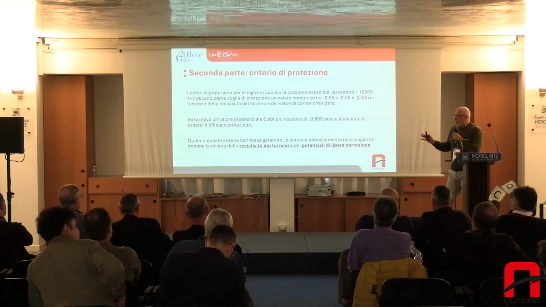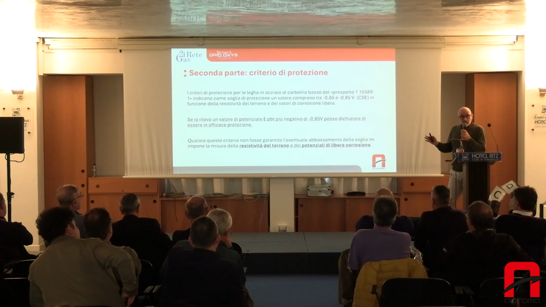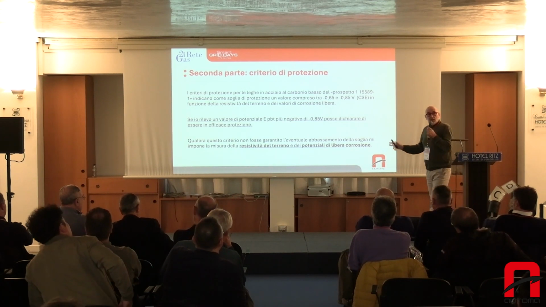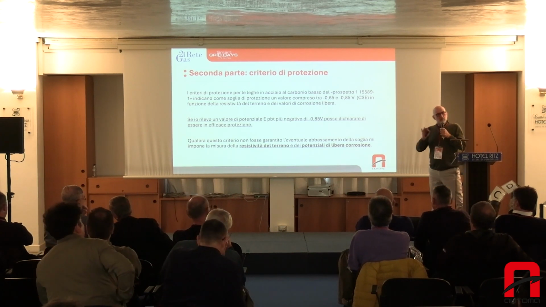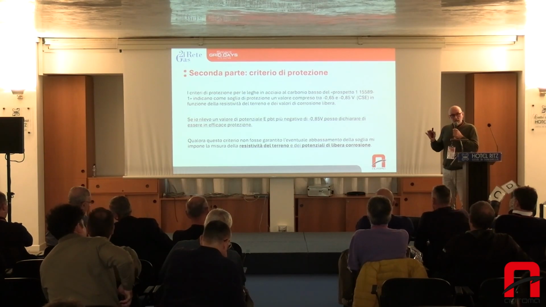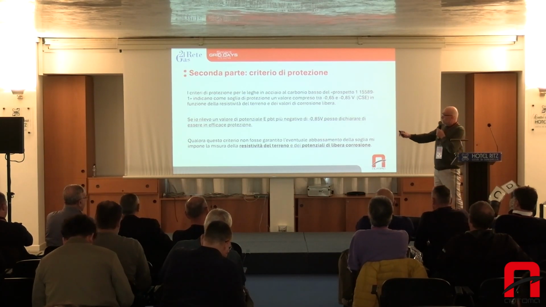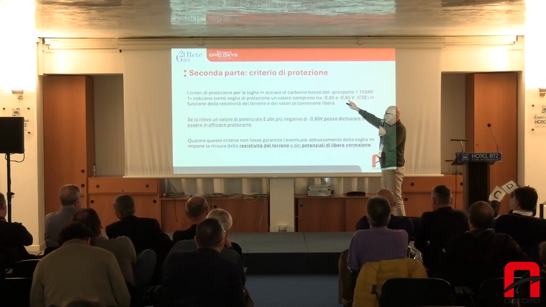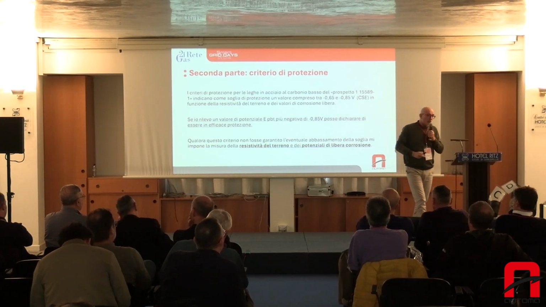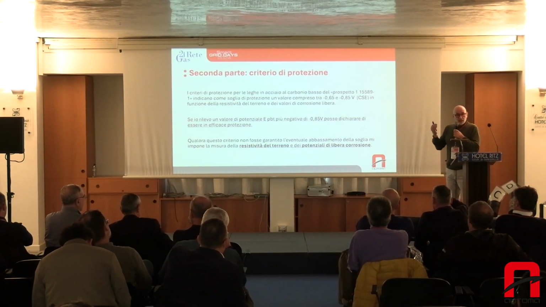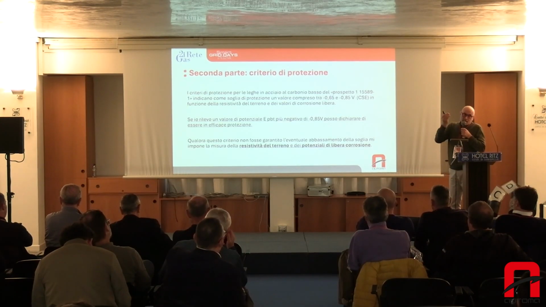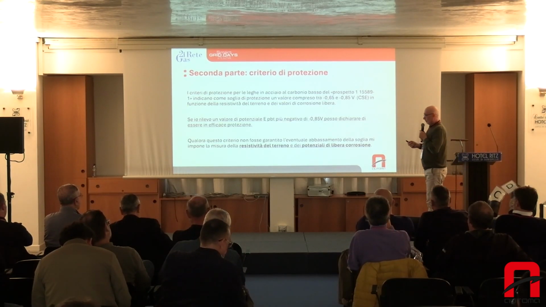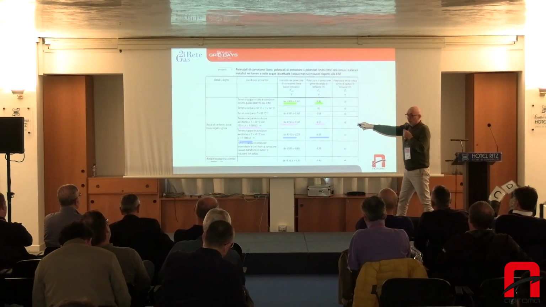The law says that soil resistivity and the free corrosion potential, those two elements allow you to understand the kind of threshold, whether you can change it or not, because the standard allows you to change this threshold, increasing it.